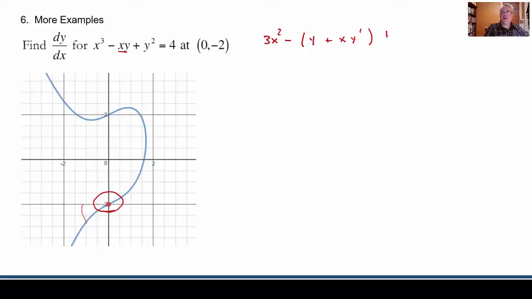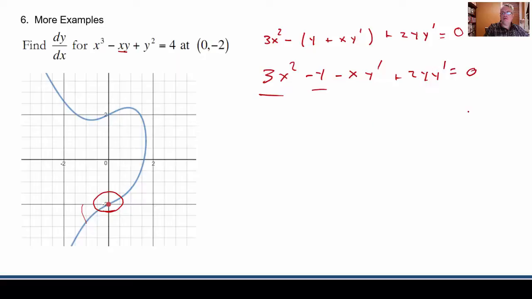Then plus the derivative of y squared is 2y to the first y prime, and that equals the derivative of 4, which is 0. Okay, I'm going to distribute: 3x squared minus y minus xy prime plus 2y y prime equals 0.